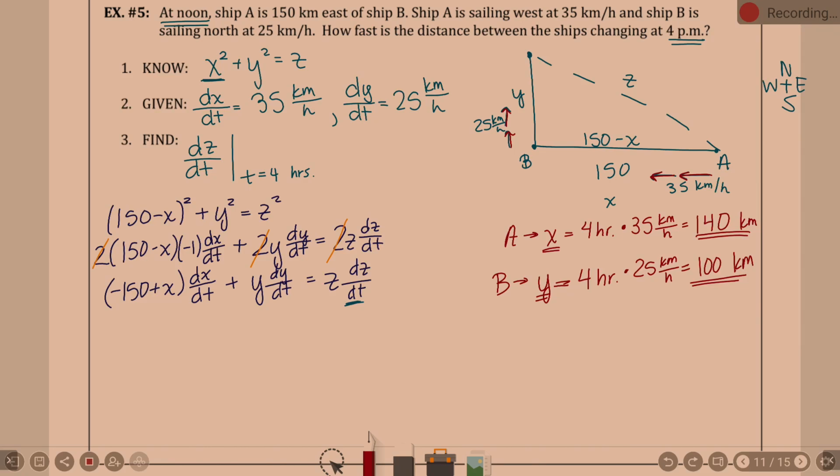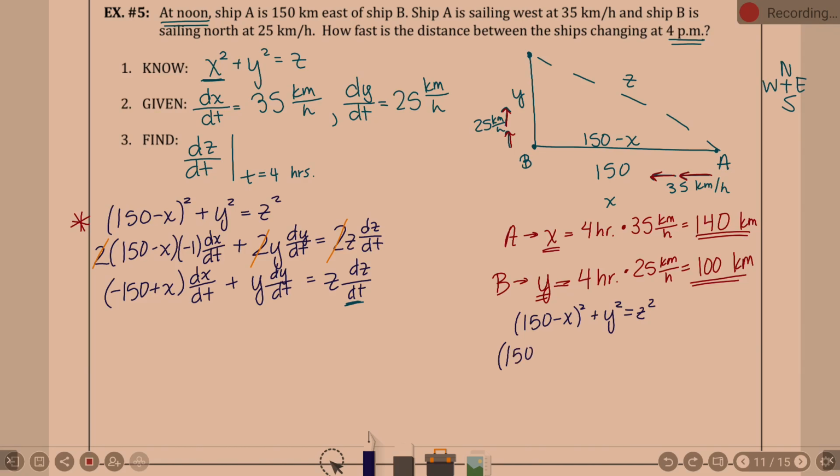Pythagorean theorem, except we need to use this tweaked version of the Pythagorean theorem, because this is not just x. It started at 150 and we're taking off that x. So we're going to use the 150 minus x quantity squared plus y squared equals z squared. We're going to use that to find our z.